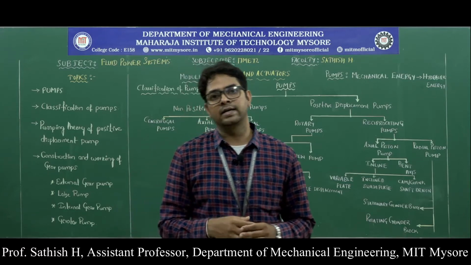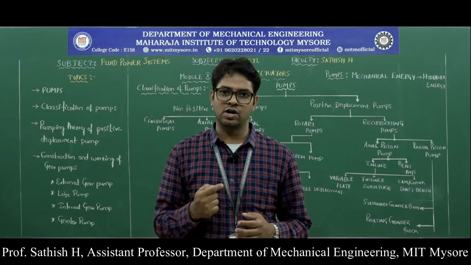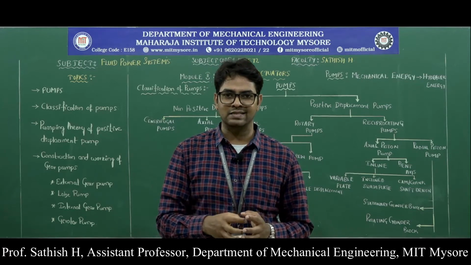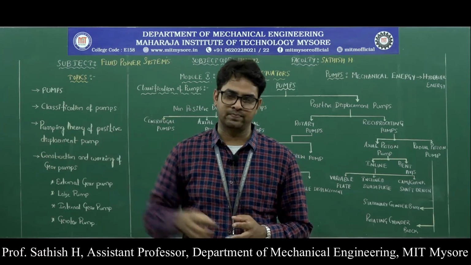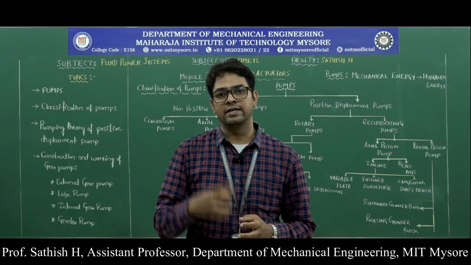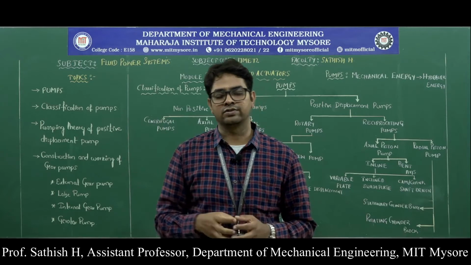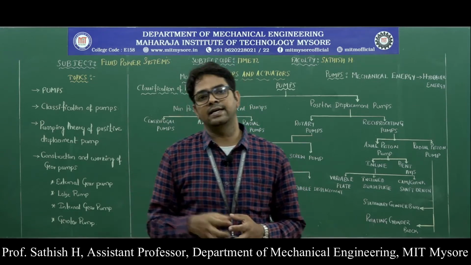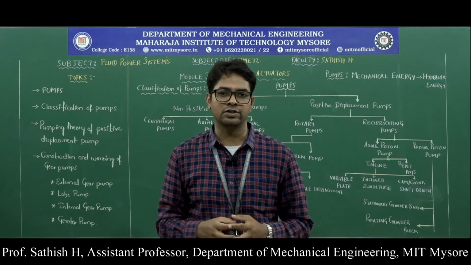In the case of positive displacement pumps, for each revolution of the shaft, it discharges a fixed quantity of the fluid into the hydraulic system. So I repeat, for each revolution of the shaft, a fixed quantity of fluid is discharged into the hydraulic system. In this case we have certain advantages over the non-positive type.